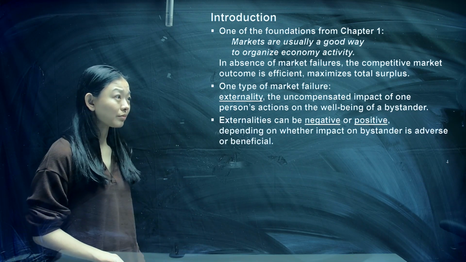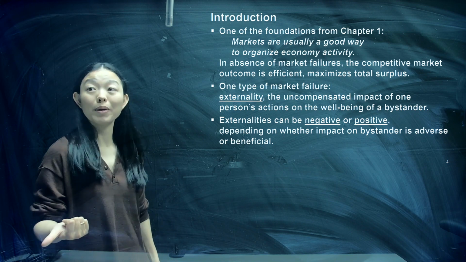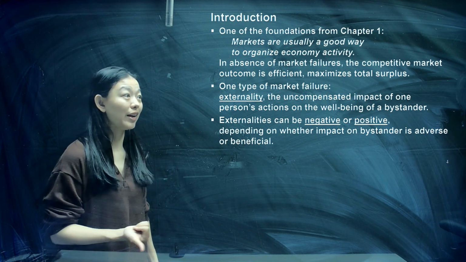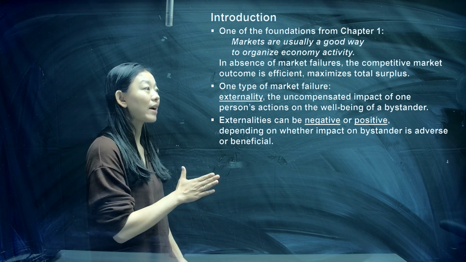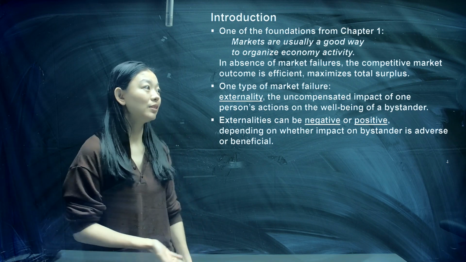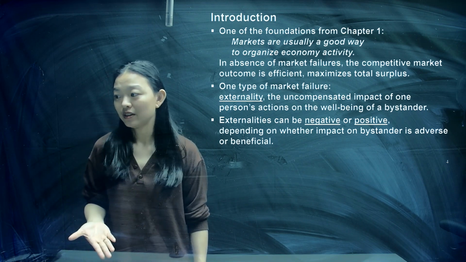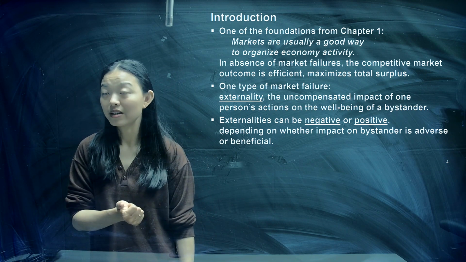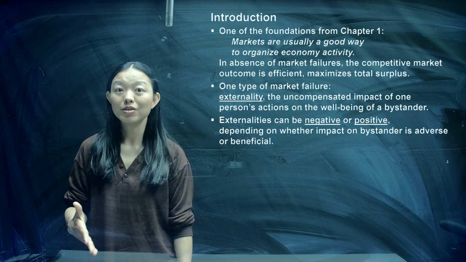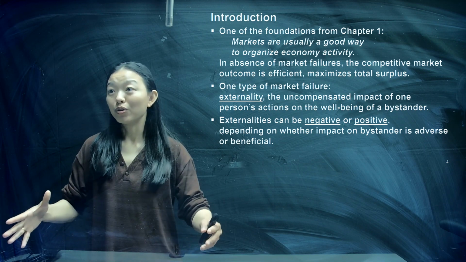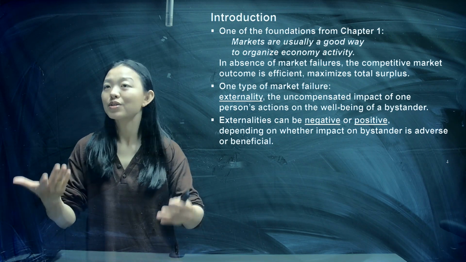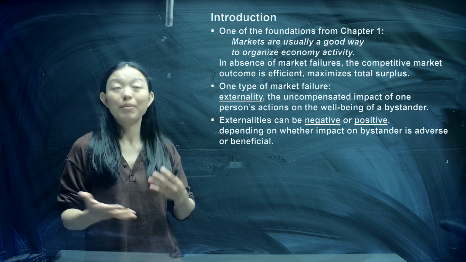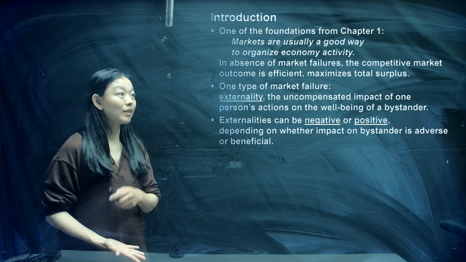Externality could be positive or negative, depending on whether the impact on the bystander is adverse or beneficial. For example, when people take a flu shot, it decreases the number of people who get the flu, so that provides a positive externality.